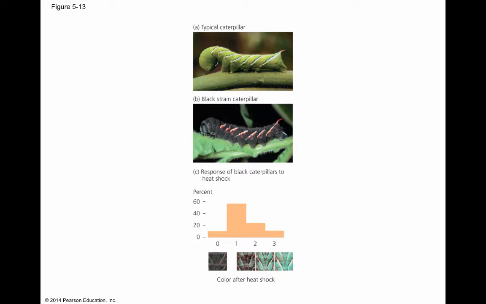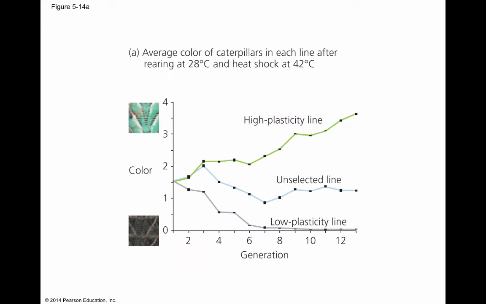All right. Another example, back to an insect one, is caterpillars, where some brilliant work showed that you can select on how plastic they are in their heat response by selecting for high plasticity and low plasticity lines in their heat shock responses.